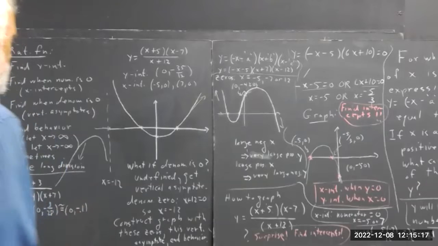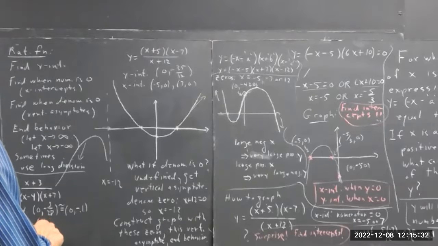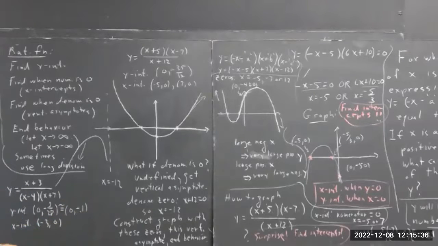So for the purposes of sketching the graph, we can say that the y-intercept is about 0, -0.1. Okay, the x-intercept. -3, 0. I think everybody got that.